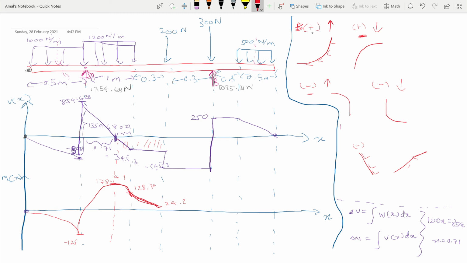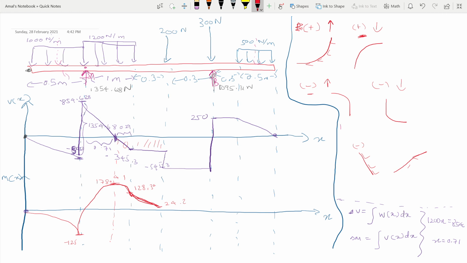Okay, here also constant values, negative constant values, so negative constant slope. So we have to find the area under that rectangle. So 545.3 times 0.3, so 163. So 163, change is 163, right? It's not the value, it's the change.